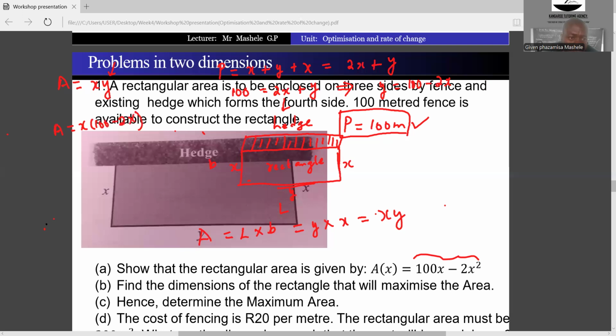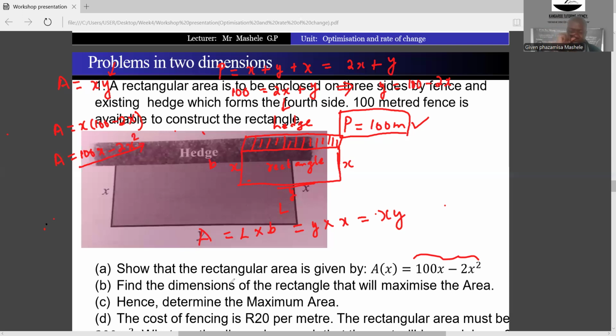Then we remove the brackets. X times 100 gives us 100x. Then this gives us 2x squared. So now we have proved the area. The area of this rectangular shape is 100x minus 2x squared.